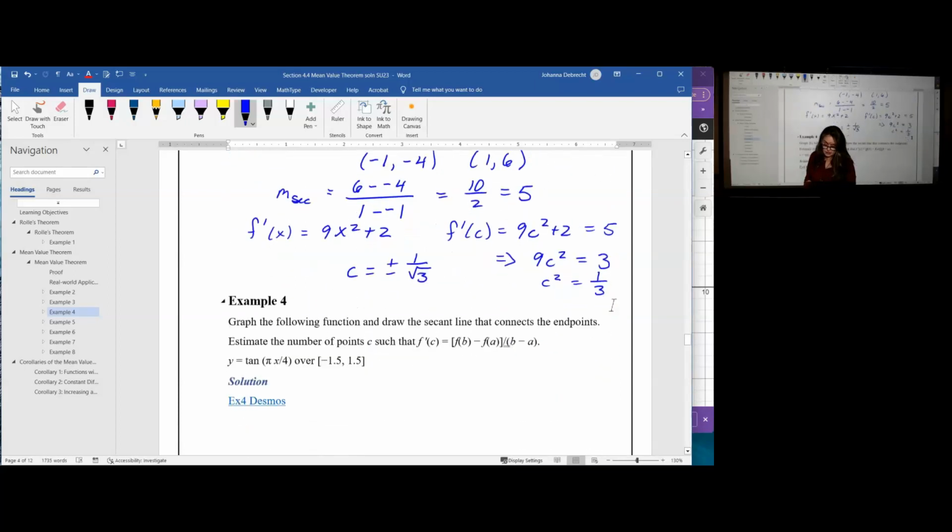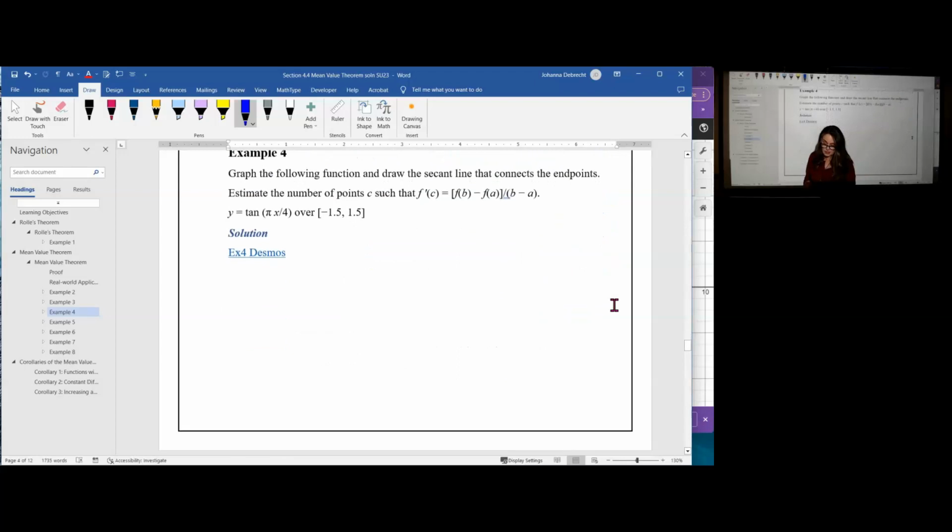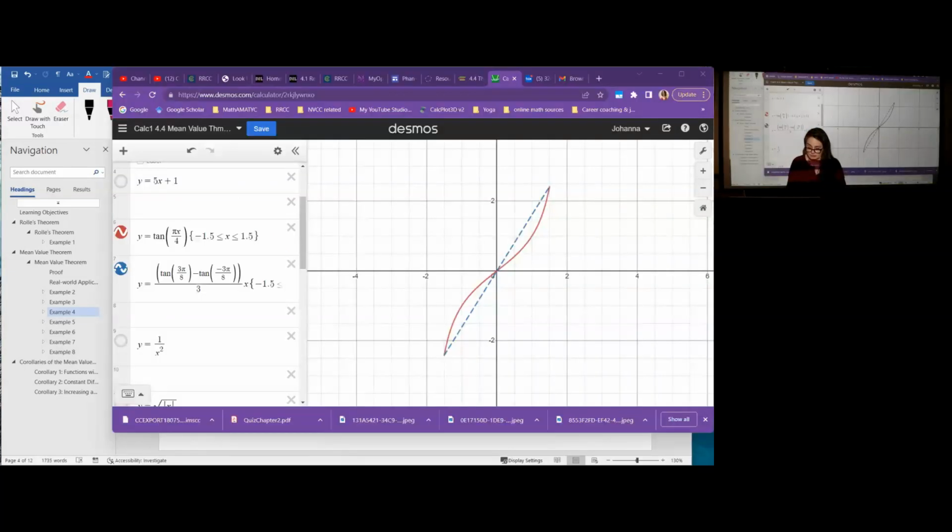Let's now take a look at example 4. Example 4 is very similar, but with a trig function. Go ahead and pause the video, work it out, then turn it back on, and we'll compare our results. This problem would be more difficult to actually compute the c values, though it is possible.